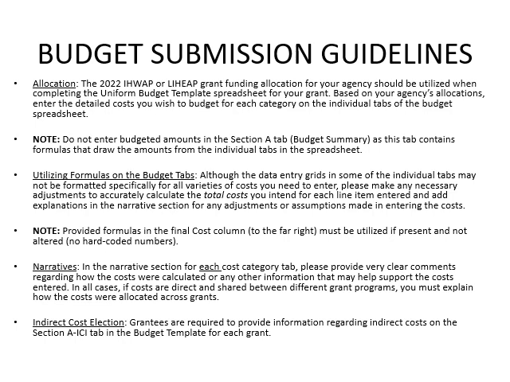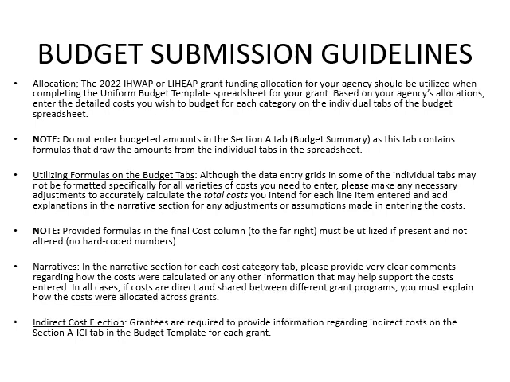Please note that the provided formulas in the final cost column to the far right of the cost grid must be utilized if they're there, and they should not be altered. So don't put in any hard-coded numbers in the total column if there's a formula there. That will be an automatic reason for us to have to kick that budget back to you. So please don't overwrite any of the formulas.